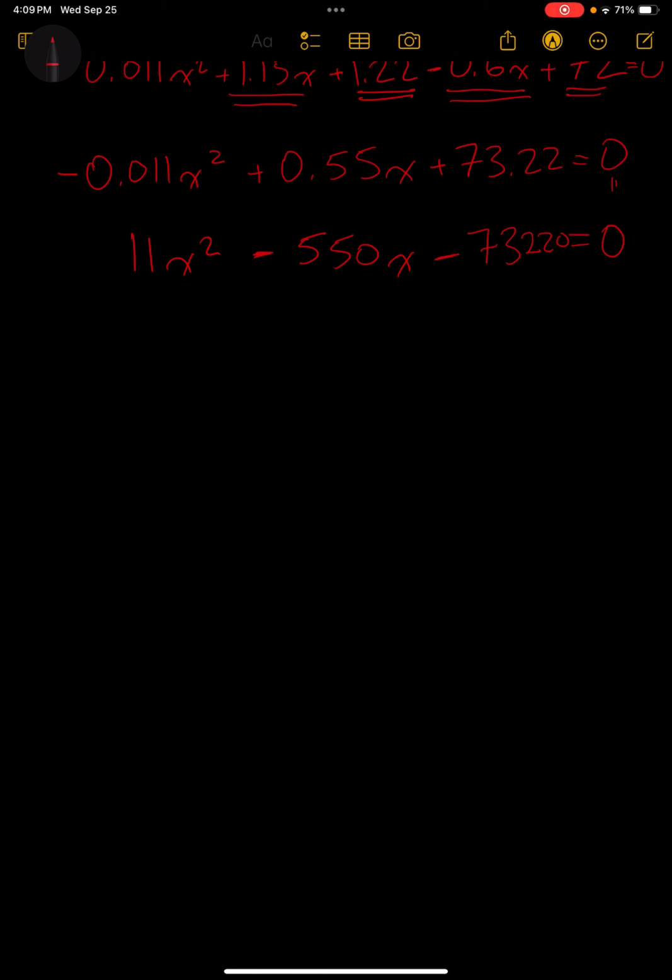So I'm not even going to do that, but what I can do is the discriminant value, which equals b squared minus 4ac. And what's b squared?